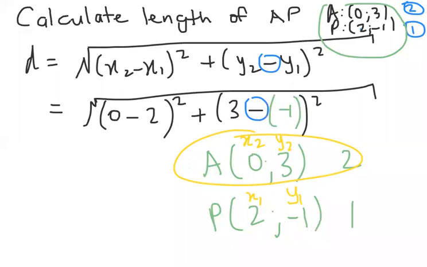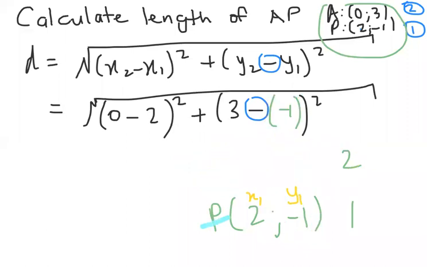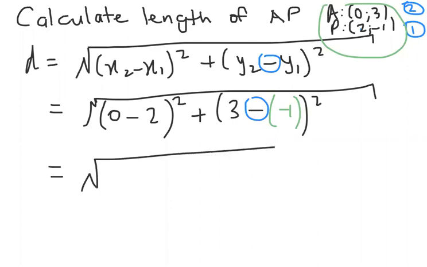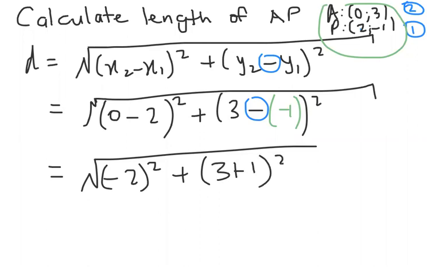So let's just get rid of this now. So now you have this equation that looks like this. So now it's just a matter of completing it. So you have here in the bracket minus 2 squared, plus 3 minus minus 1, which is 3 plus 1 squared. And then it's 4.